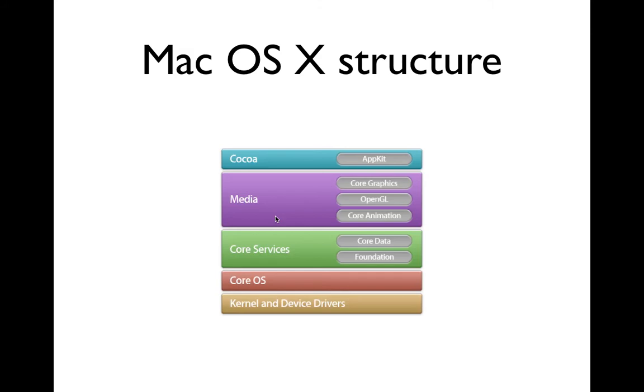That means Cocoa cannot work without Foundation or without OpenGL, without Core Data, without animation, without Core Graphics. Cocoa is the most dependent one because it's such a rich and powerful framework. It needs a lot of stuff to be in place and to be working.